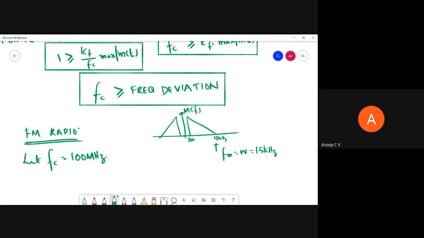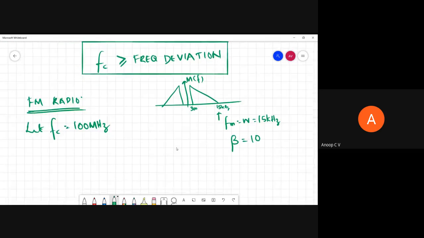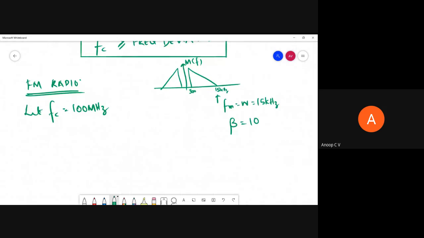Let us also assume the modulation index beta to be equal to 10. In that case, we'll see what the frequency deviation is. So FC is equal to 100 megahertz and FM is equal to 15 kilohertz. And what was this frequency deviation delta?